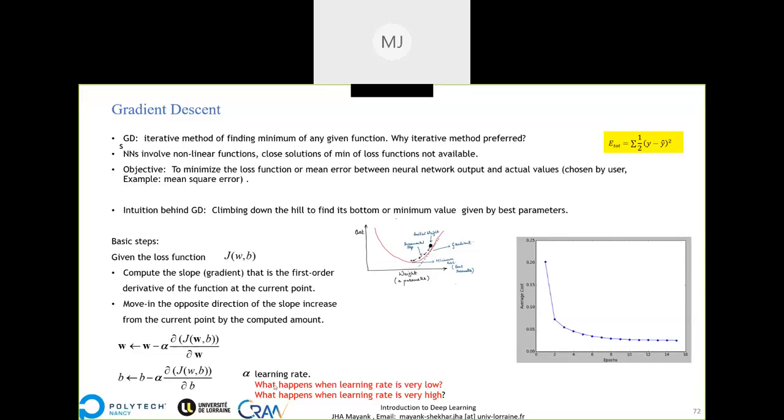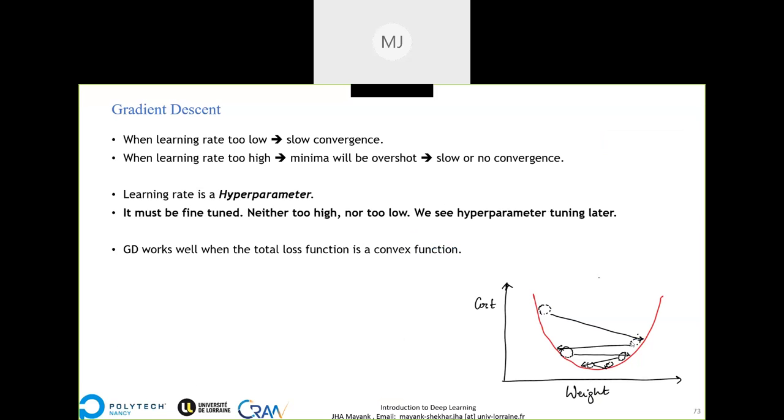So the question is, what is alpha? Alpha is the learning rate. What happens when the learning rate is very low or very high? Remember, you are climbing down. If your alpha is very high, you take a very high step and you oscillate between different walls of your cost function, which is not good.